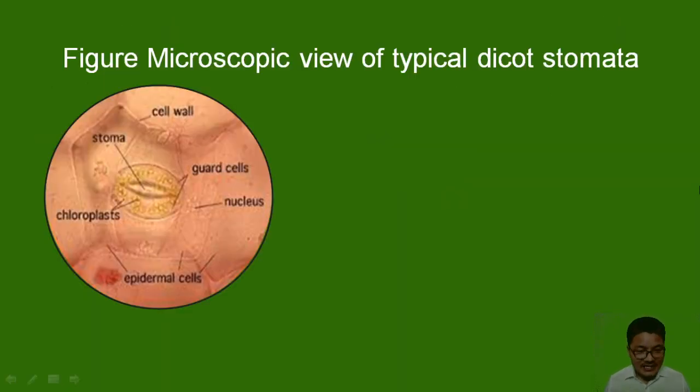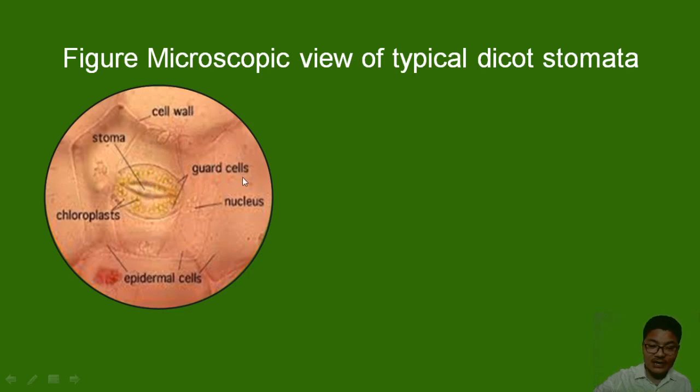Now let's see this diagrammatic representation of a dicot stoma. Here only a single stoma is shown. So the stoma is a tiny opening, a mouth-like structure, right? And around it we have guard cells, which are protecting the stomata, or which are controlling the opening or closure of the stomata.